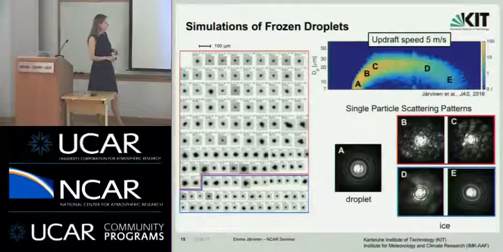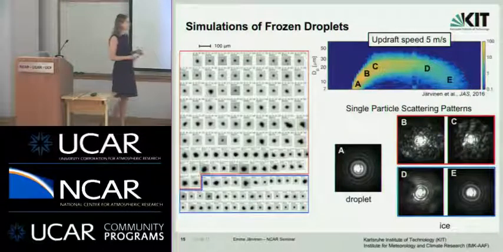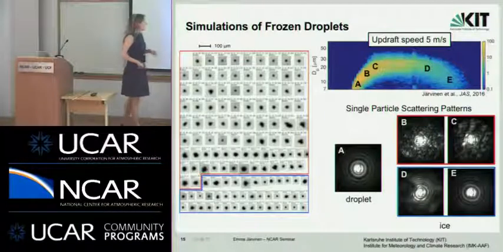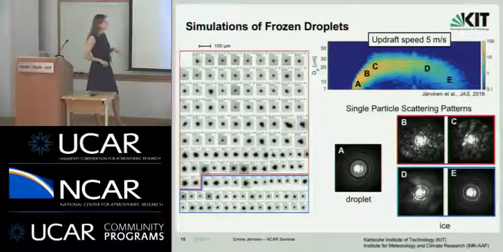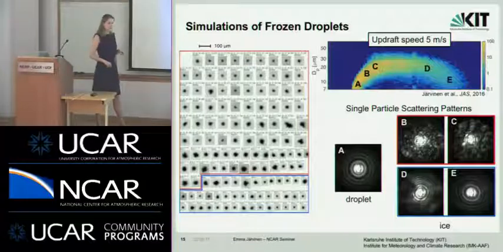So we first had liquid droplets, then we froze the droplets. They all developed as frozen droplets, and then we sublimated the cloud. And this kind of proves the point that I was talking about in the beginning, because these are the ice particle images from the experiment.